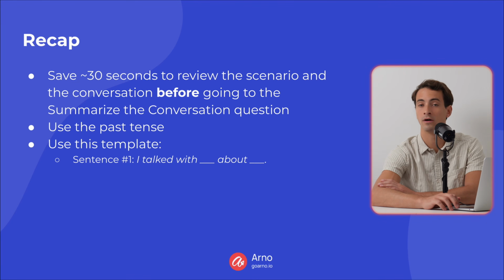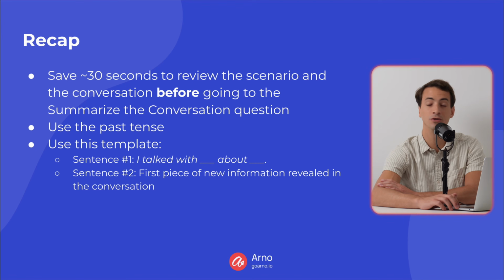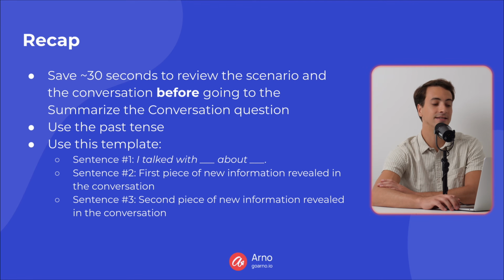In sentence number 1, I talked with whoever you talked with about whatever you talked about. That information you can find in the scenario, which is why you want to review that before you go to summarize the conversation question. Sentence number 2, discuss the first piece of new information revealed in the conversation that you find. And sentence number 3, a second piece of new information that you find in the conversation.